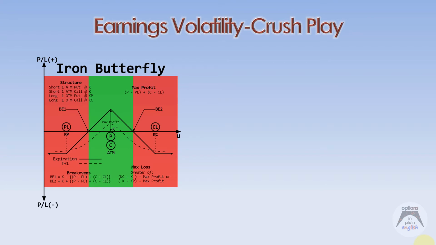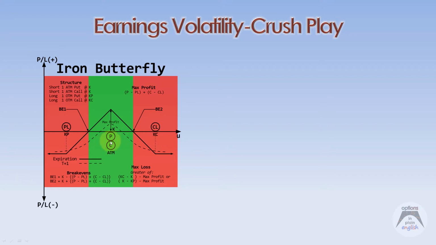We're going to be using an iron butterfly. So just a quick recap of what an iron butterfly is. It's pretty much a straddle with wings. If we're talking about an at-the-money straddle, you go to the at-the-money strike and you sell a put, you sell a call, and then on the downside, you buy the wing for the put, and on the upside, you buy the wing for the call.